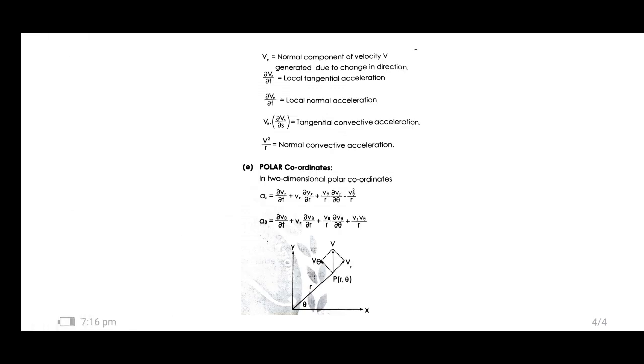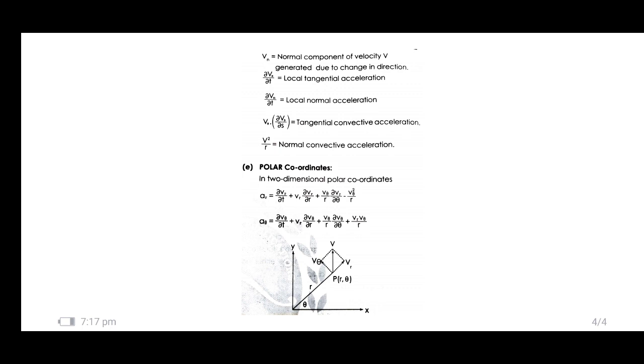Now del v_s divided by del t is the local tangential acceleration, and del v_n divided by del t is local normal acceleration. Subsequently, the next term is tangential convective acceleration, and v square by r is normal convective acceleration. There is one more acceleration type, which is acceleration in polar coordinates.